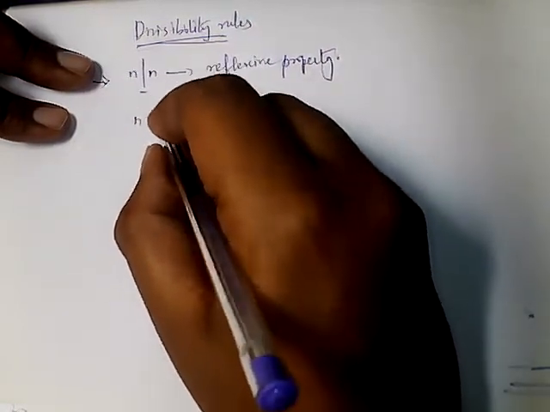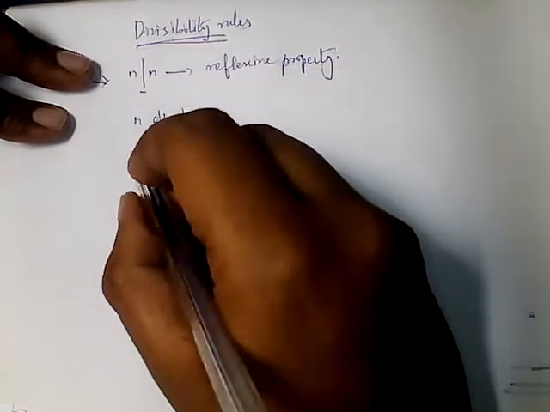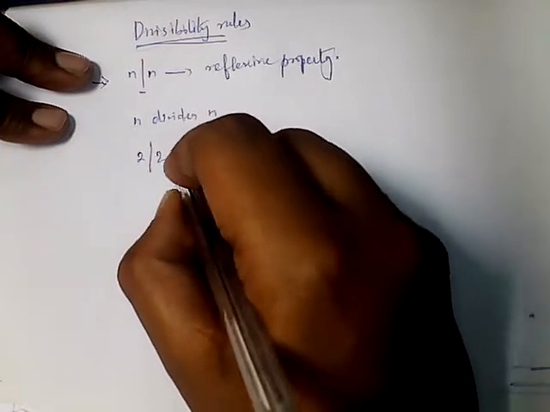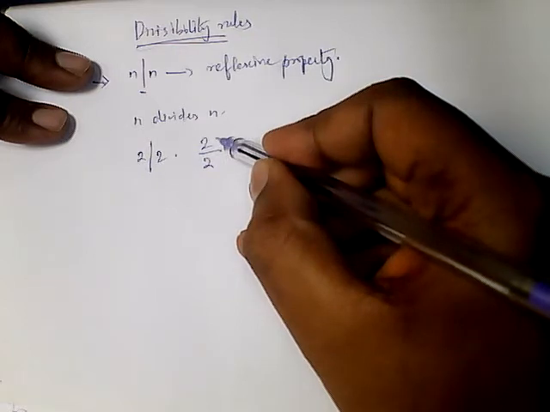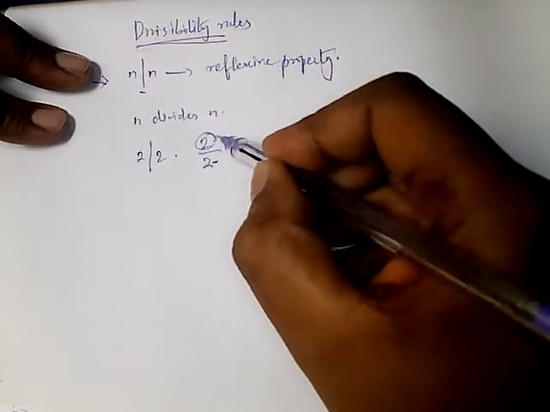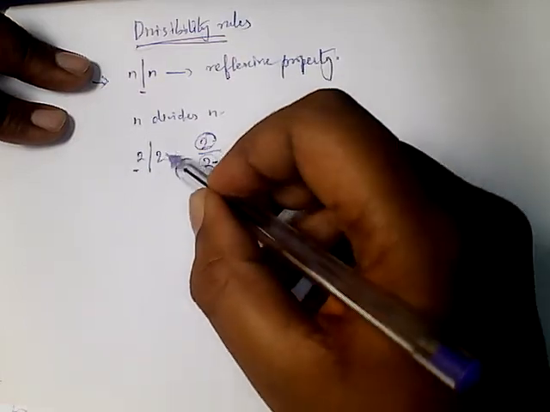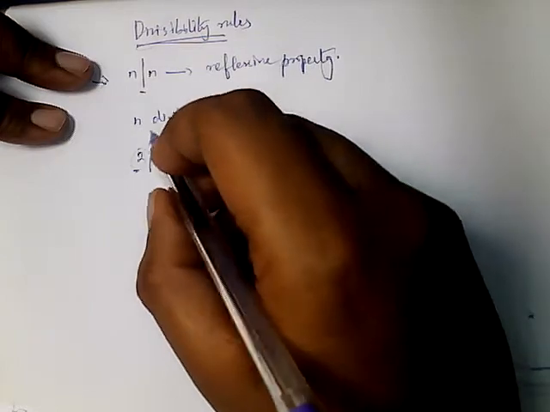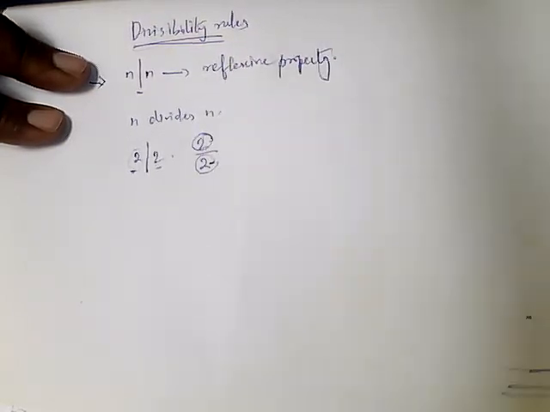We can write it as n divides n, or if you put some number instead of n, you can write 2 divides 2, because we know that 2 is dividing this 2. The denominator 2 is written over here, and the numerator 2 is written over here. This thing is dividing this. This is the simplest way to say that n divides n.